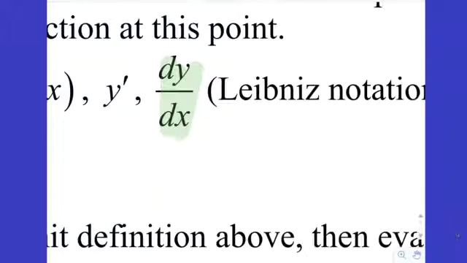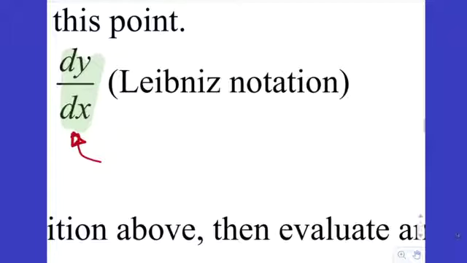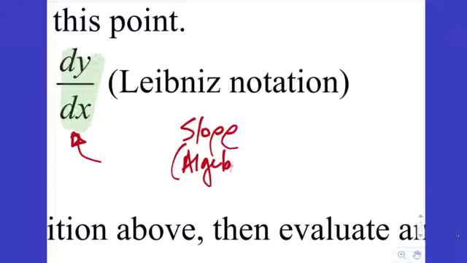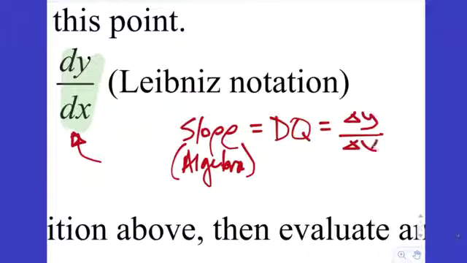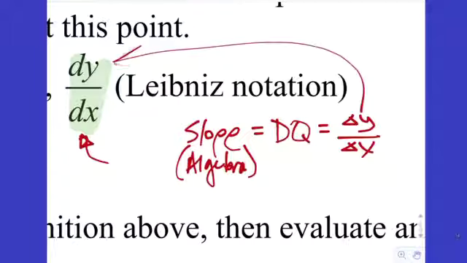Now, this is pretty cool. I like Leibniz notation a lot because remember, algebra slope was the difference quotient, right? And we can abbreviate the difference quotient as triangle y over triangle x, right? What does the triangle mean? Delta. Delta y over delta x means a measurable change in y divided by a measurable change in x. Notice how similar that is to dy over dx.